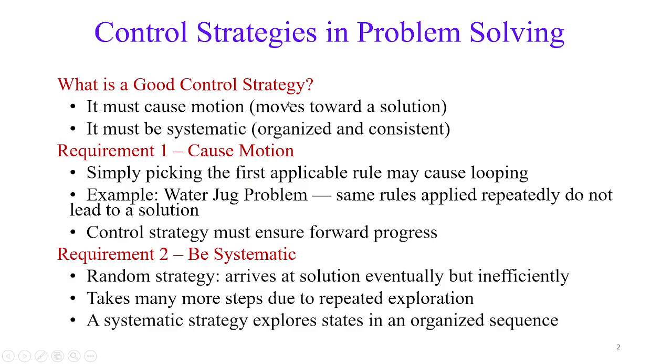We cannot say that all strategies are really good or will lead you to a solution. Some might be very poor and you might get stuck in a loop, revisiting the same state again and again. So a good strategy will always have motion towards a solution and be systematic.